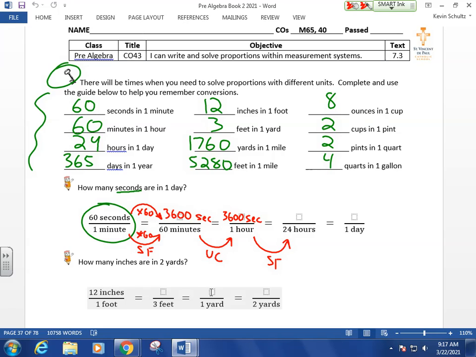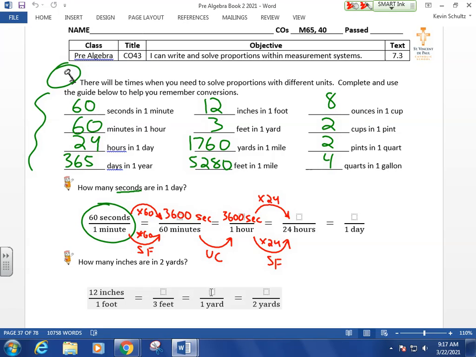What's the scale factor from 1 hour to 24 hours? Multiply by 24. And if we multiply our denominator by 24, what do we got to do to the numerator? Multiply by 24. So will a calculator be handy for this?